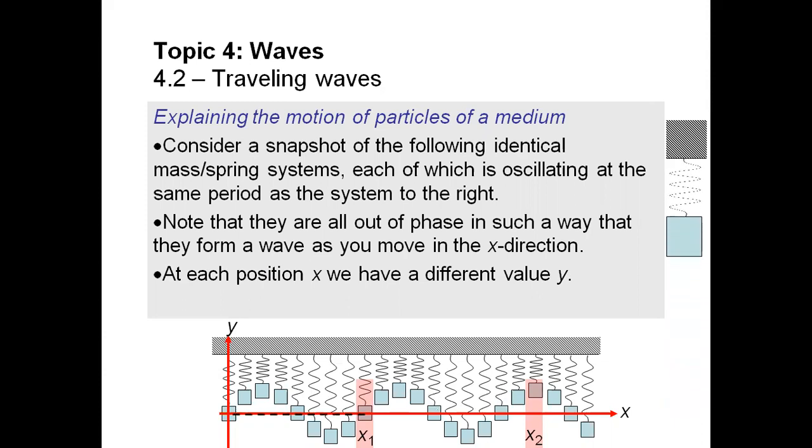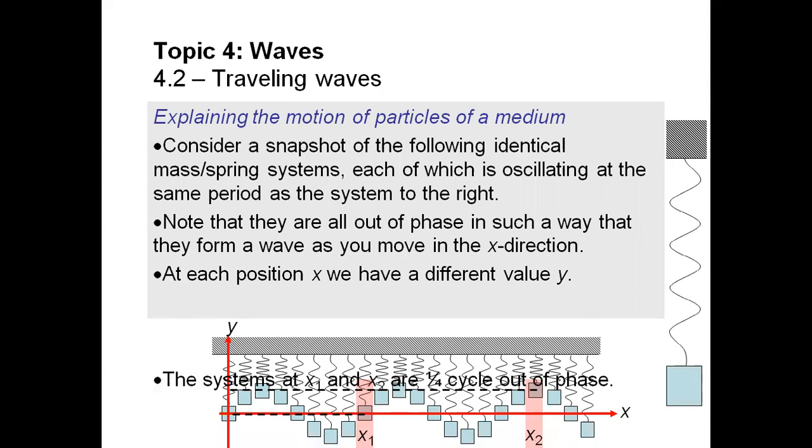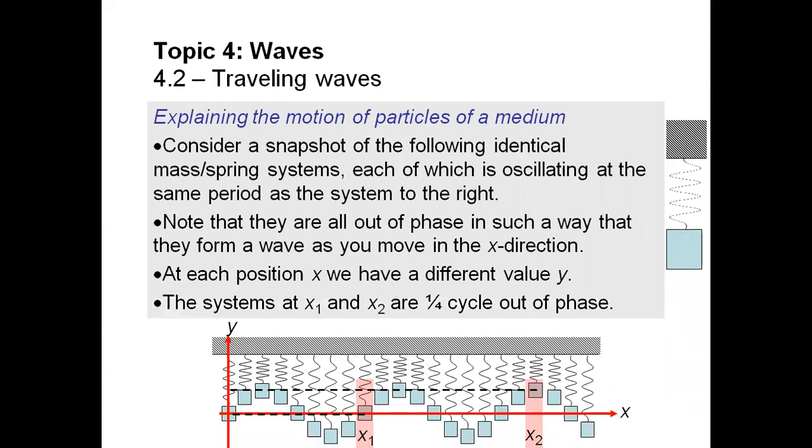For example, for x1, the y is going to be 0. So that means equilibrium. But for x2, y is going to be the maximum amplitude. So we will see what amplitude and equilibrium are. So let's continue. And the systems at x1 and x2 are 1/4 cycle out of phase.